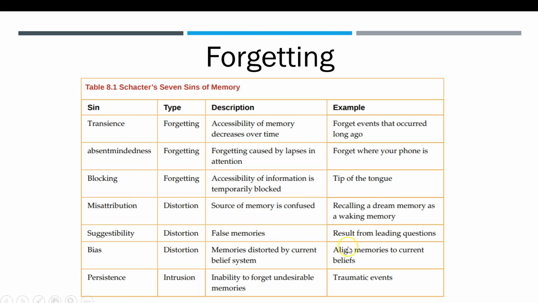When you're trying to recall what that criminal looks like, you might have a false memory. And there's bias, another type of distortion, where memories are distorted by our current belief system, and only our biased memories uphold. And then there's persistence, which is the inability to forget undesirable memories, and these might be tragic or traumatic events.